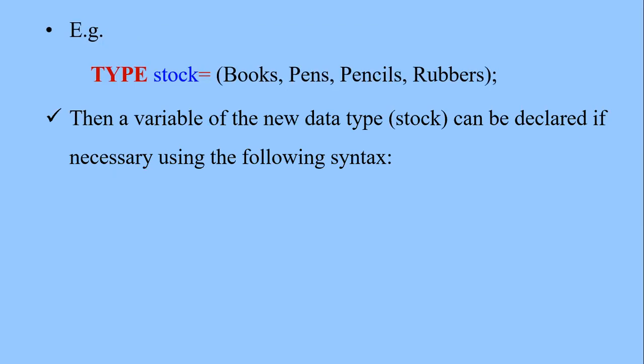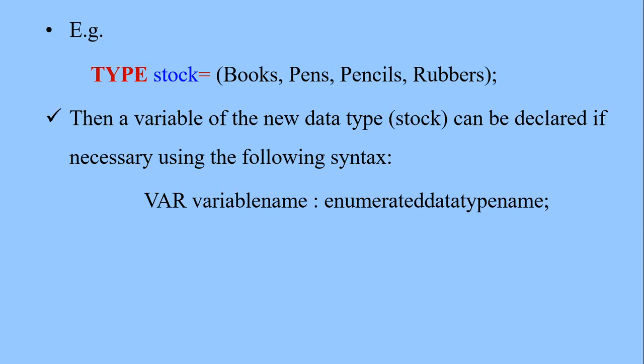Then a variable of the new data type called stock can be declared if necessary using the following syntax. We have the reserved word var followed by the variable name and then the enumerated data type name, which is stock. For example, var stationery of type stock.